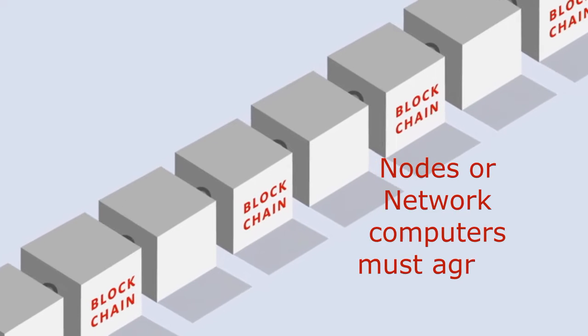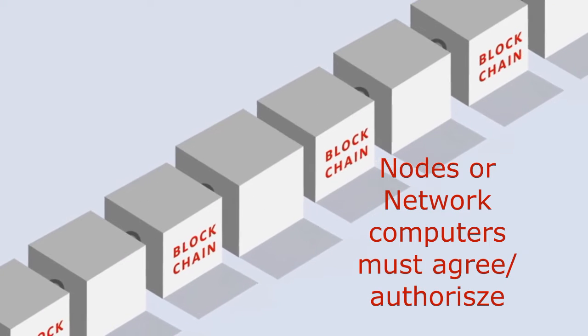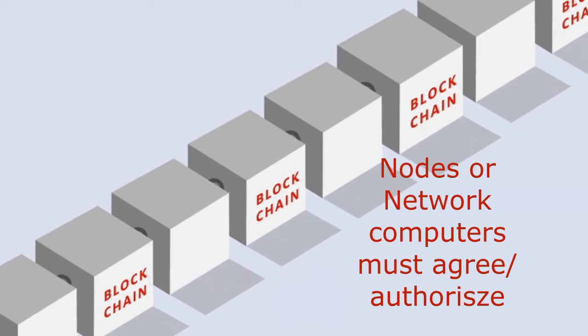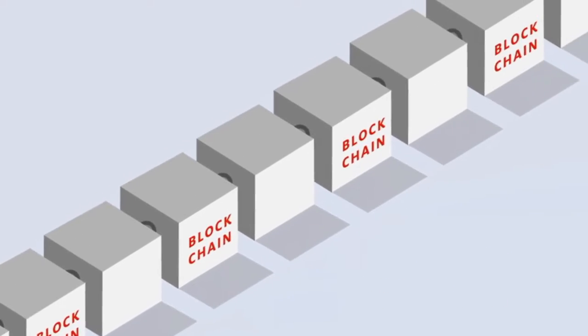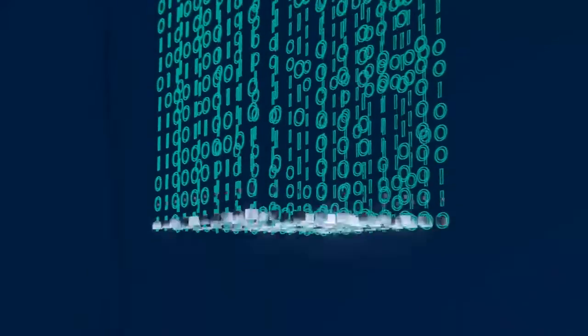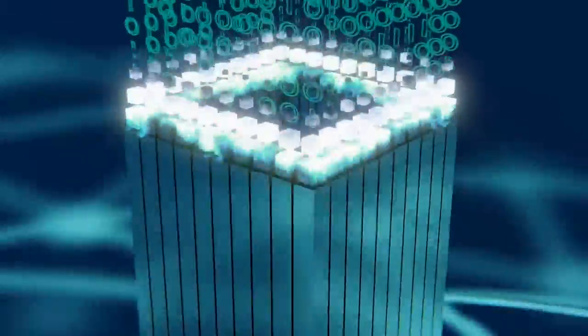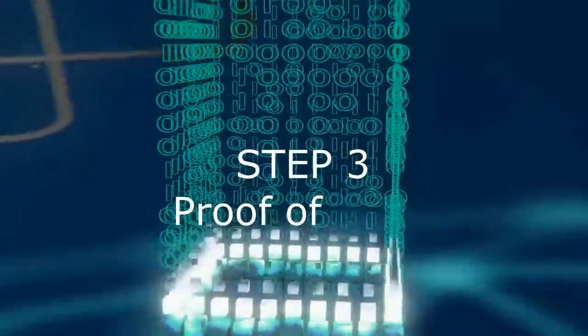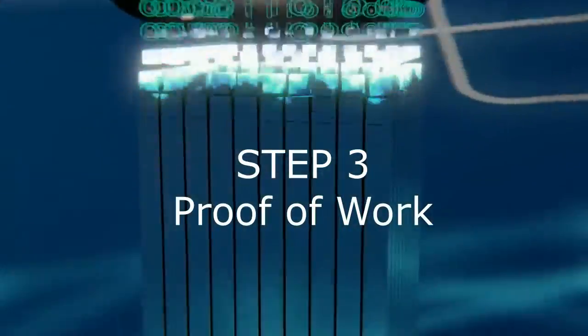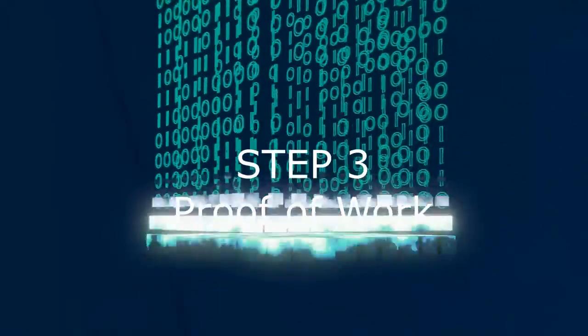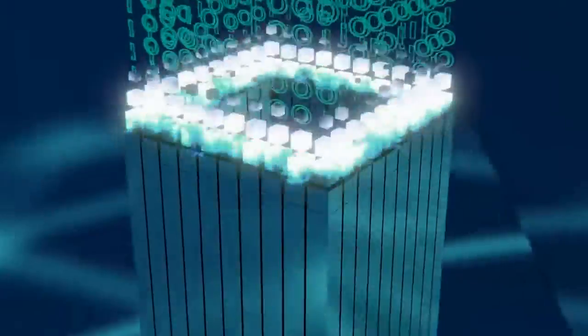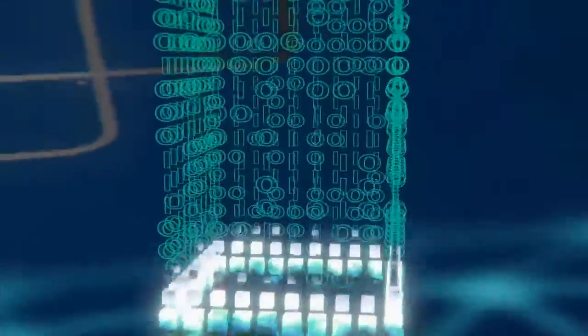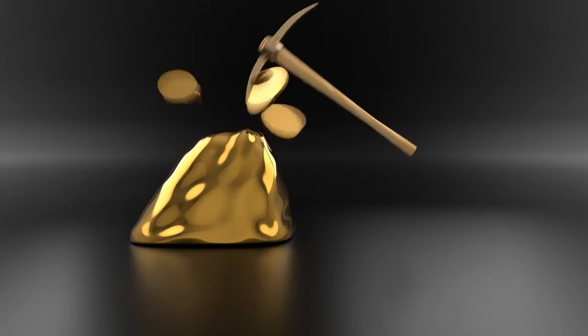The people who own the computers in the network are incentivized to verify transactions through rewards. This process is known as proof of work. Proof of work requires the people who own the computers in the network to solve a complex mathematical problem to be able to add a block to the chain. Solving the problem is known as mining, and miners are usually rewarded for their work in cryptocurrency.